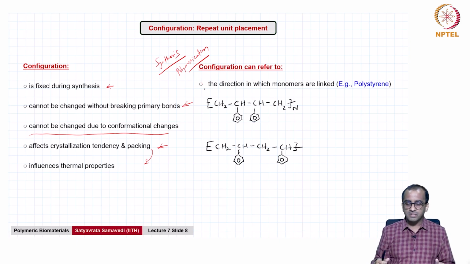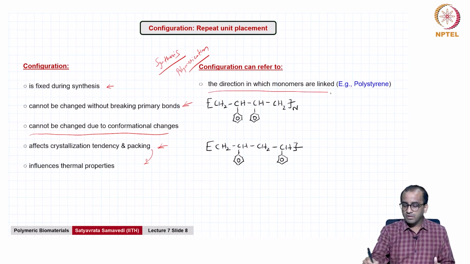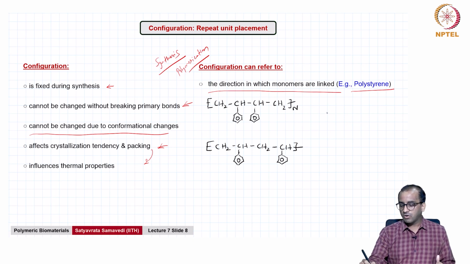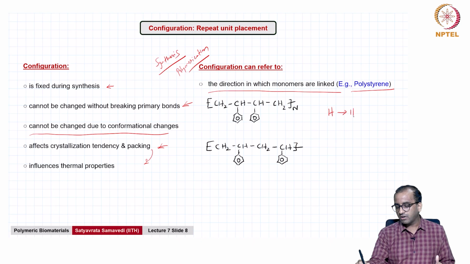So, the first manifestation we will look at is configuration referring to the direction in which monomers are linked. And one example of that I am giving you here is that of polystyrene. So, now what you see here are two different versions of polystyrene. One is called a head-to-head configuration.